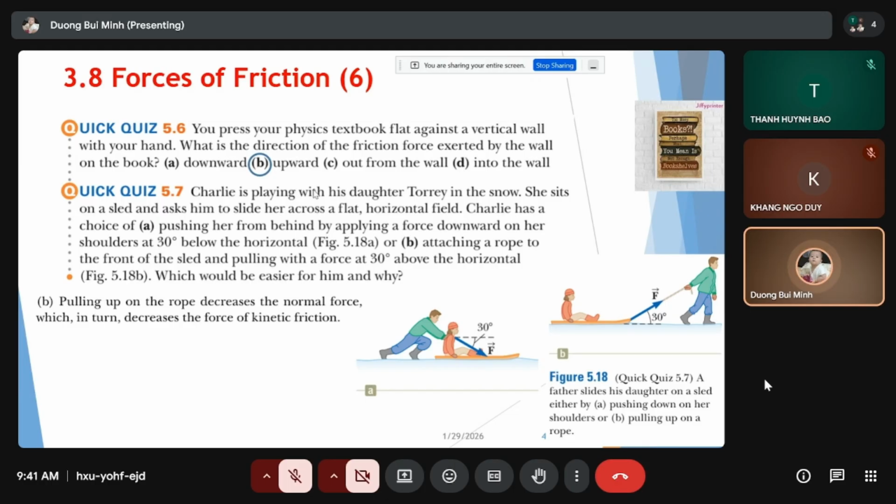If we follow the y-axis direction, we have N minus mg minus Fy, and here we have 30 degrees, so F times sine 30 degrees equals 0.